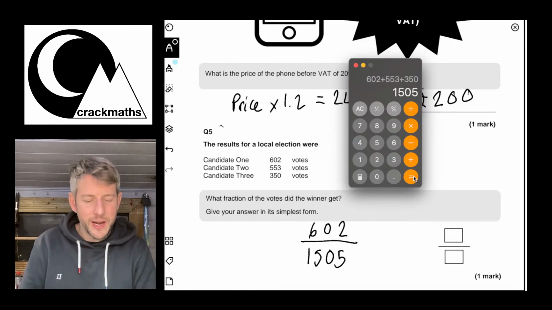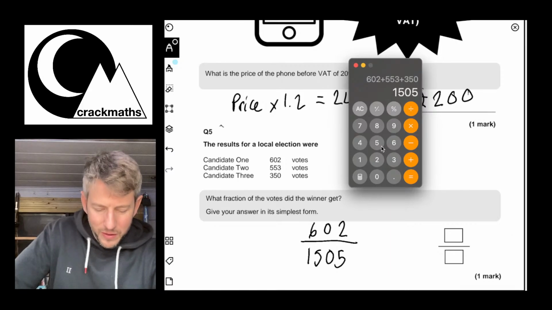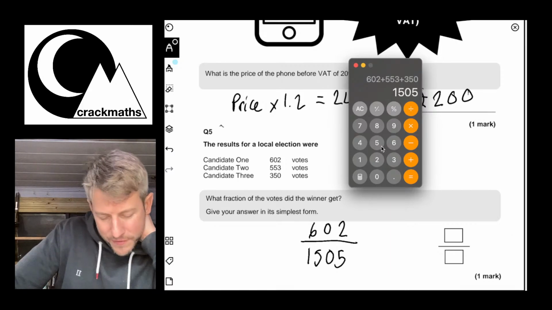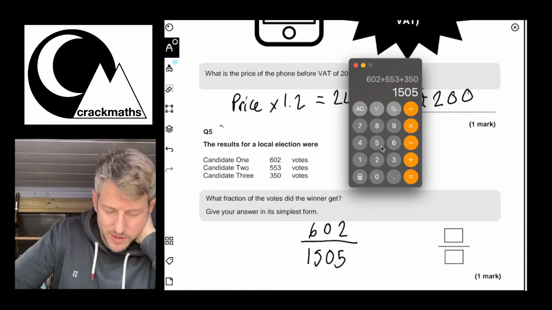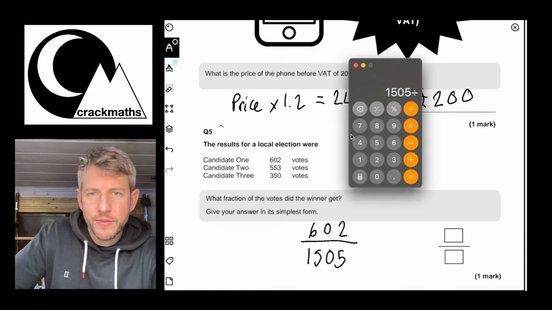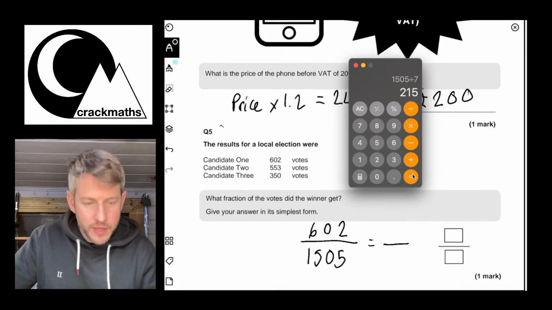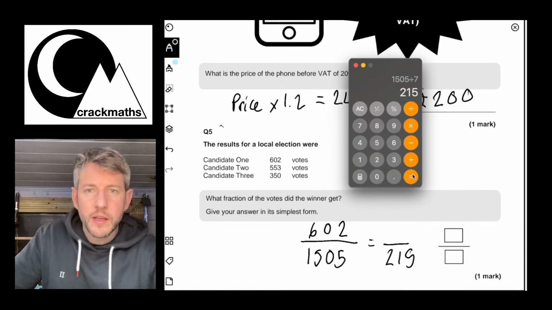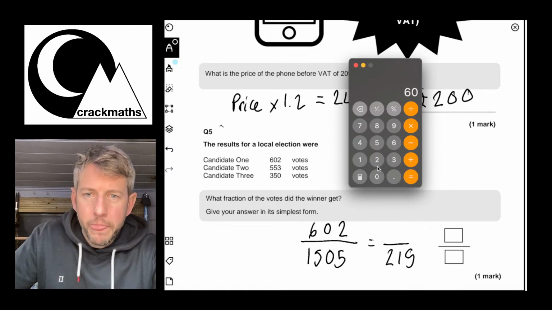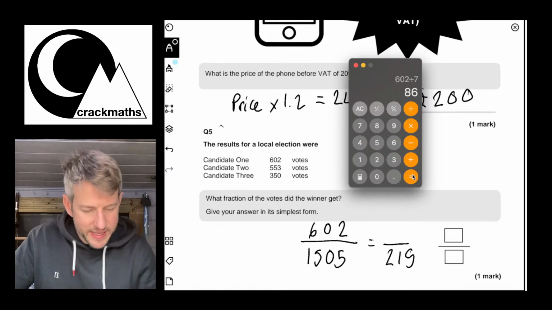These numbers to me don't look like they have many common divisors. But let's see. What could they both divide by? Maybe they both divide by 7. Let's see. Does this divide by 7? Oh, it does. Right. That equals 215. 602 divided by 7 equals 86.